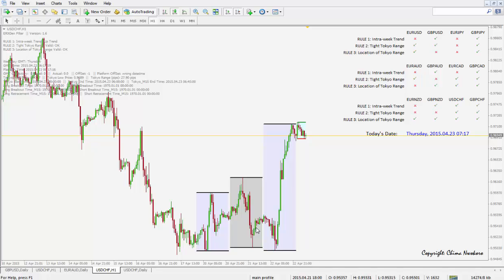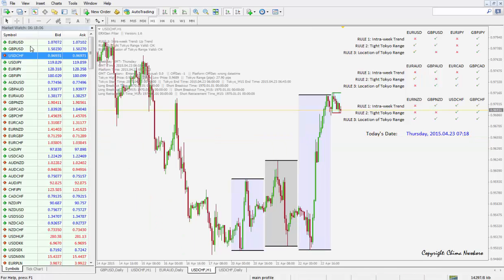Not perfect, but it's thereabouts. Tight Tokyo range, yeah, perfect. And the location of the Tokyo range, absolutely perfect as well. So let's see how this plays out after 7 o'clock GMT. It's 7 o'clock UK time. It's currently 7:17 UK time, so the trigger time will be equivalent to 8 o'clock UK time.